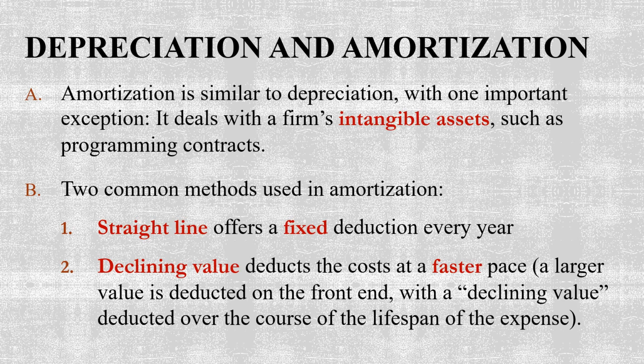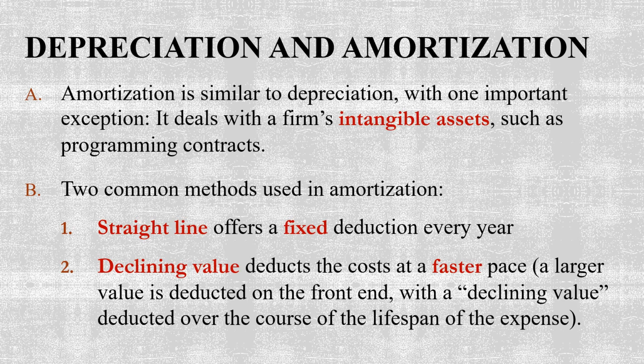The intangible assets are those things that we deal with in amortization. And there's a couple of different ways that we determine what that value is going to be over several budget periods.